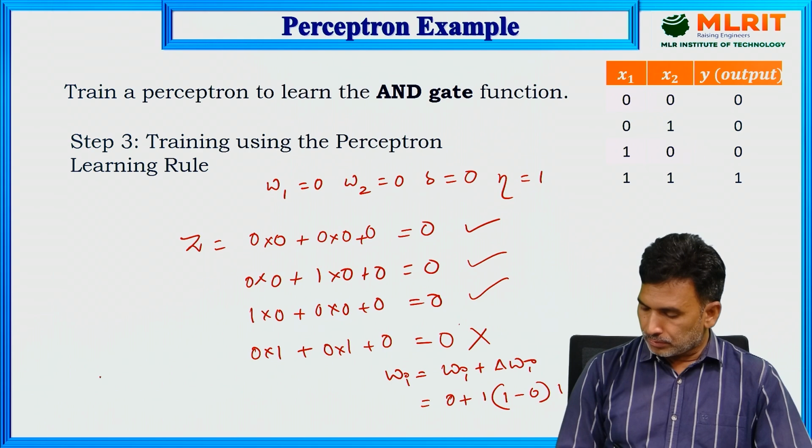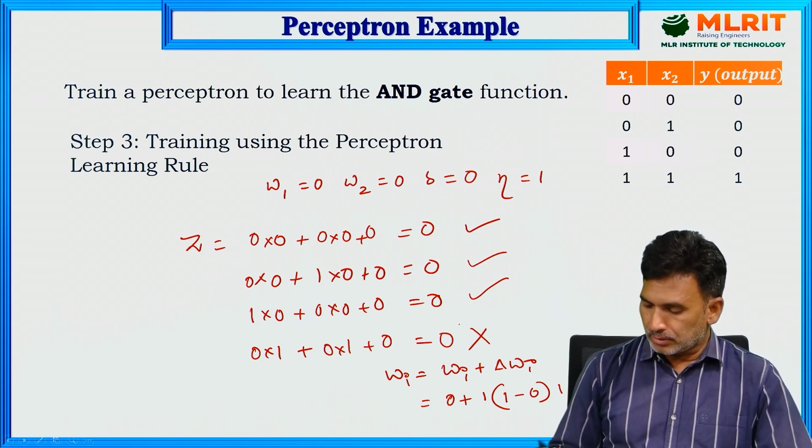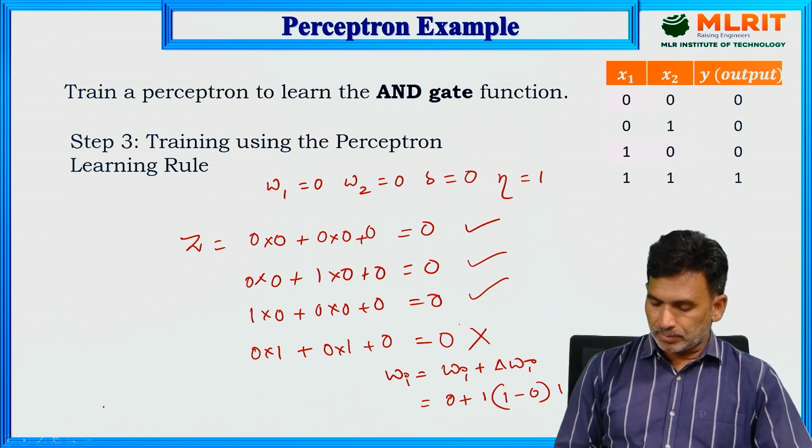So 0 plus 1, that is 1, so W1 becomes 1, and similarly W2 also becomes 1.